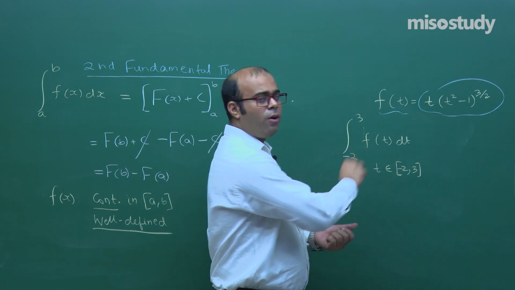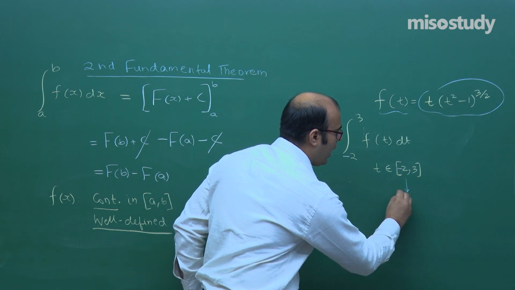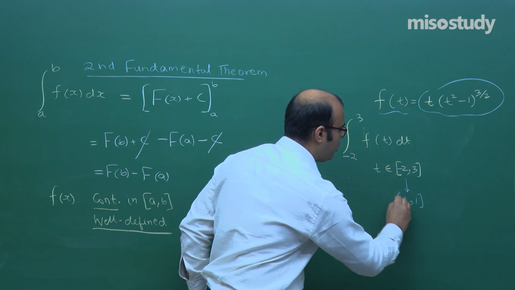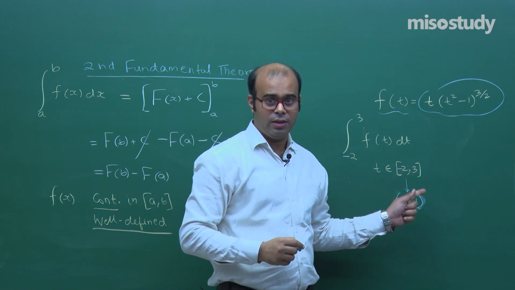Because when t is from minus 2 to 3, there is an interval here which is minus 1 to 1, the open interval. So this interval is a part of minus 2 to 3.